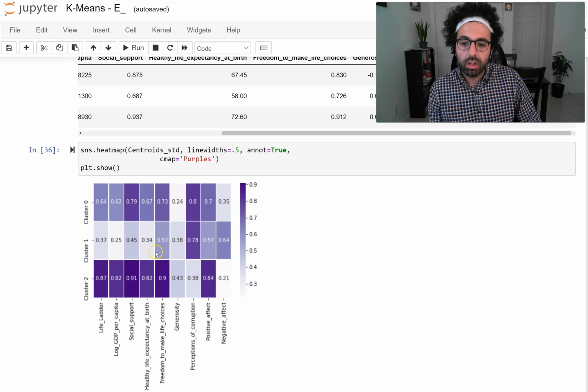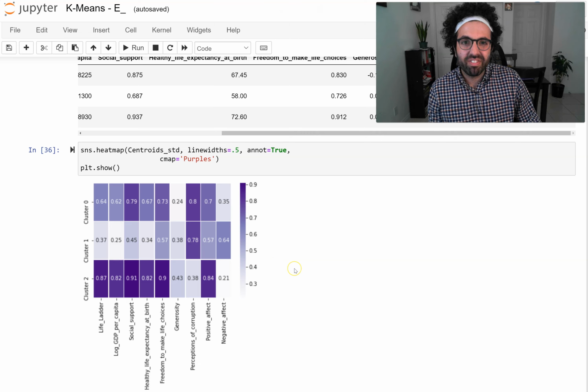And then we have another cluster that is not very high in any of these, and also is very high in the perception of corruption. And then you have another cluster that is somewhat high, but it also has a high perception of corruption, right? And the generosity is also the lowest one.